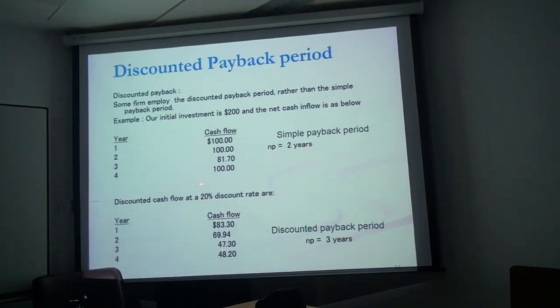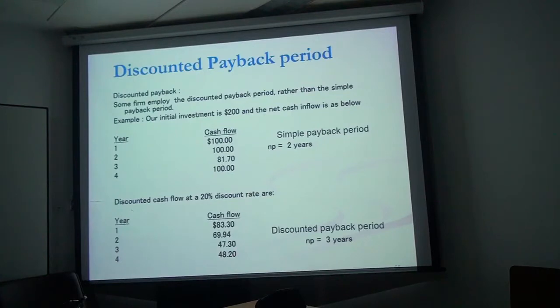Let's say the discount rate is 20%. The discounted cash flow will look like this. The first year's $100 is discounted 1 year, so it is 83.3. The next $100 is discounted 2 years. The 81.7 is discounted 3 years, which has become 47.3, and this 100 has become 48.2 after discounting 4 years.